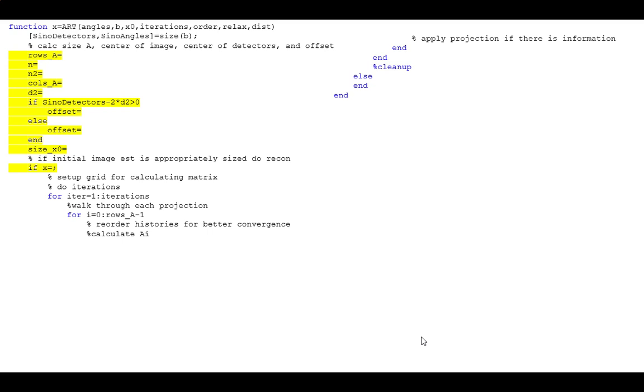Close. Think about those detectors. The detectors have to give you a big enough image to hold the whole thing, and they're rotating around. Assume each detector is size 1 square.